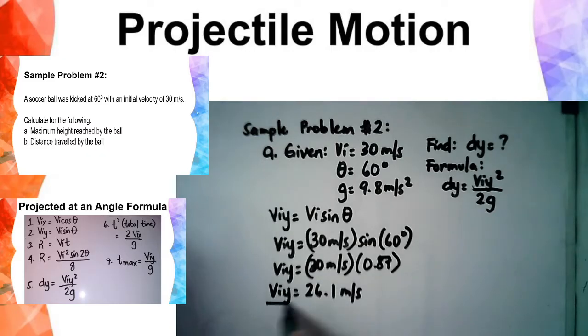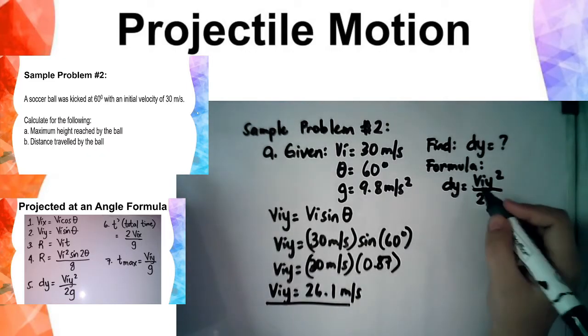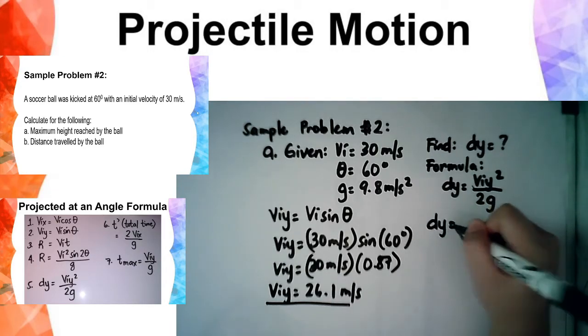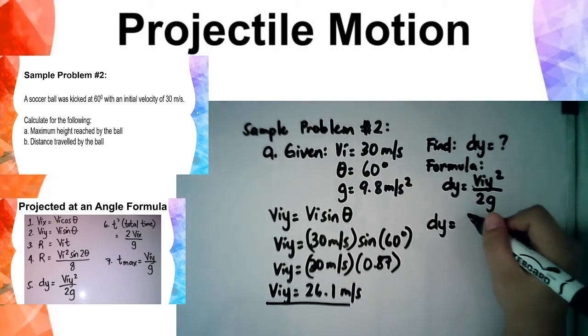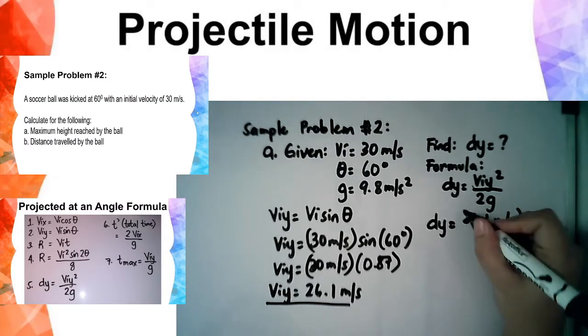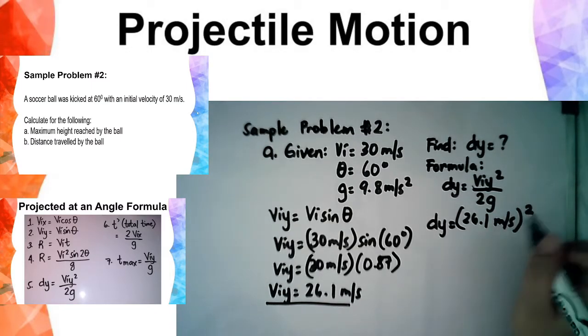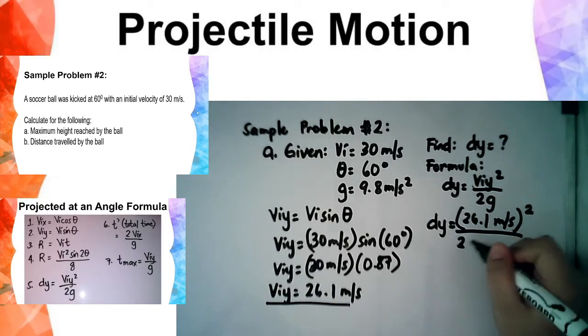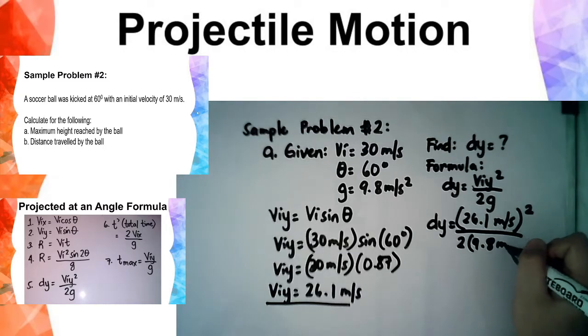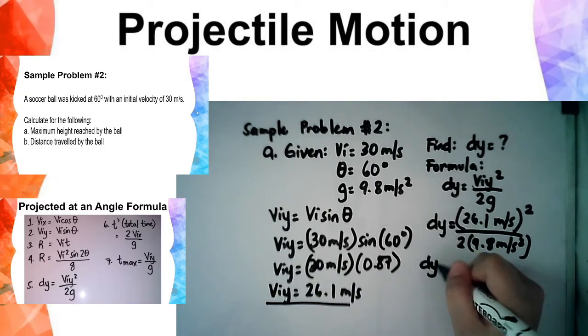Now, dahil meron tayong VIY, we can now proceed with dy. Okay? So, dy is equal to VIY, so yung 26.1 meter per second, you need to square. Squared. Divided by 2 times 9.8 meter per second squared. Okay?